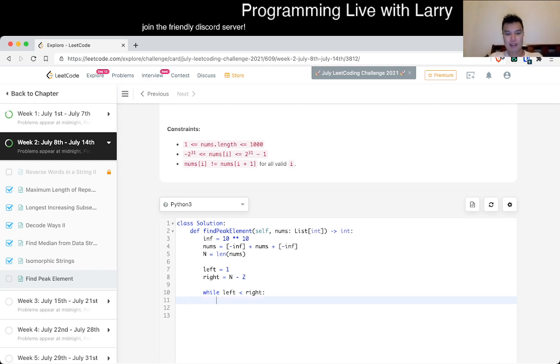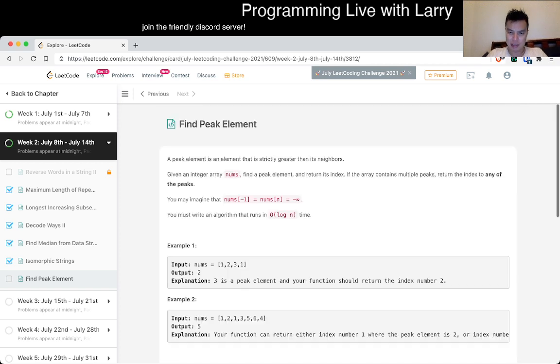So then let's do mid is equal to left plus right over 2. Let's also check really quick that if middle is greater than, is it strictly greater than?